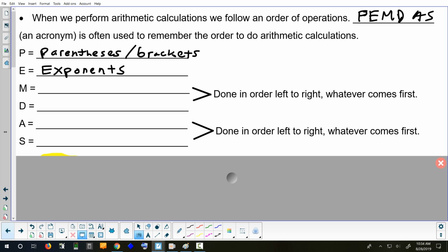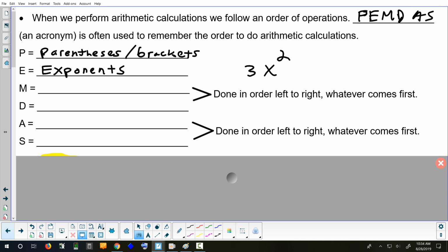The number is smaller in the corner, up a little higher, like 3x squared. So the next thing you always look for is exponents.